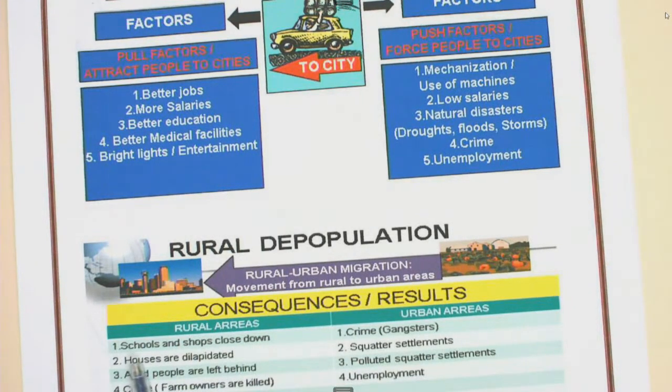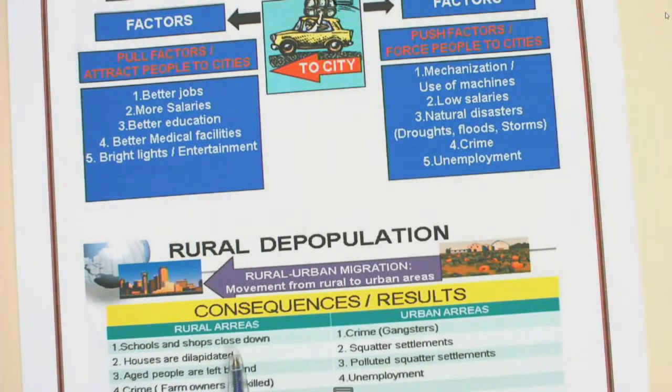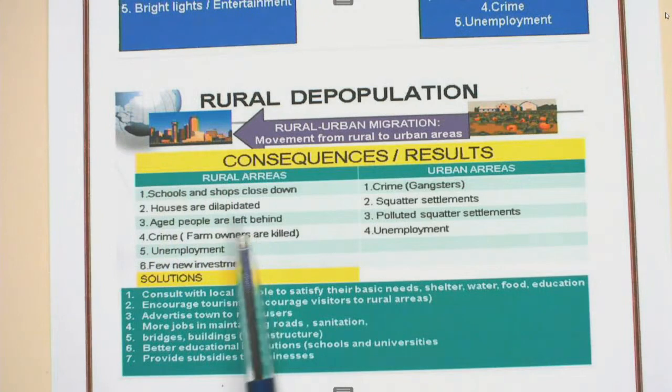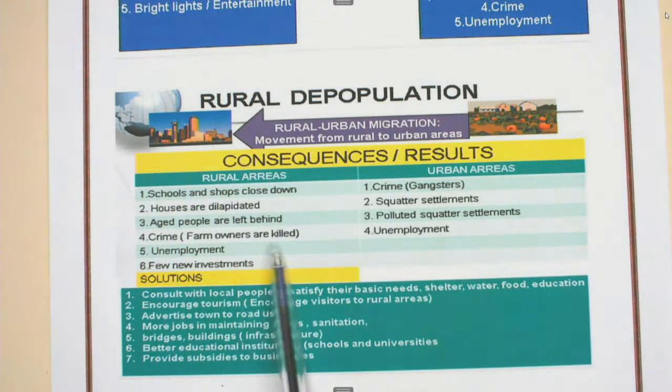So these are the consequences, the results of rural depopulation. In rural areas, the schools and shops close down, houses are dilapidated, aged people are left behind, farm owners are killed, unemployment, few new investments.